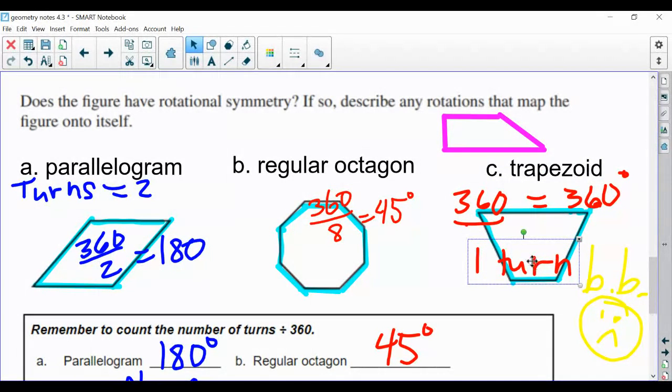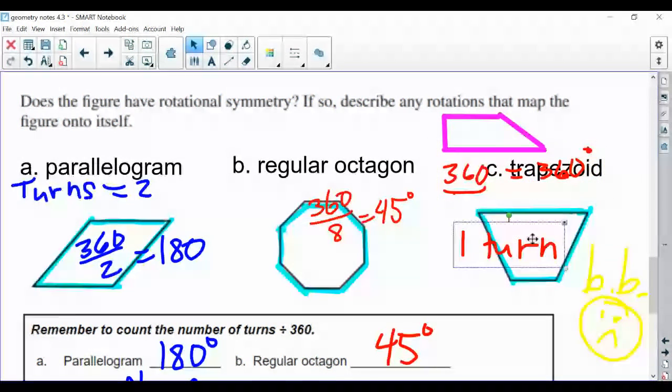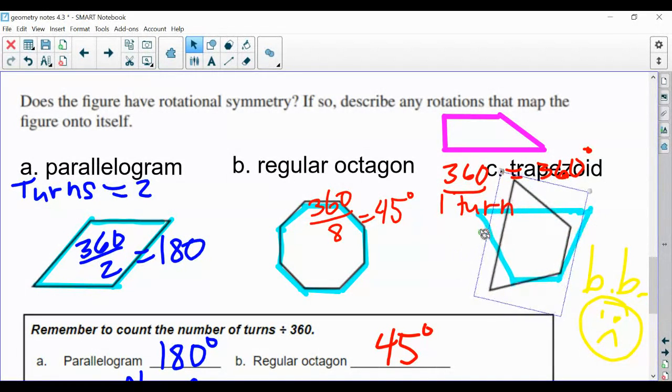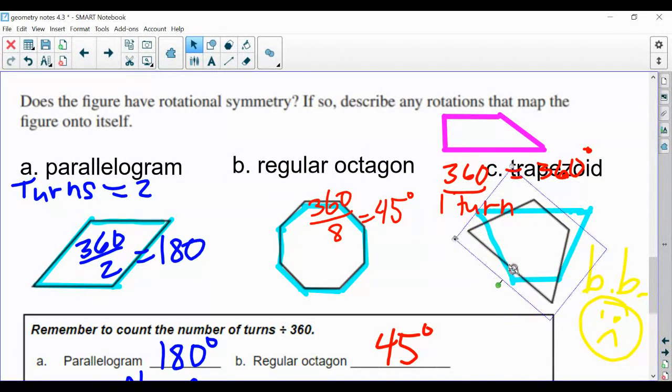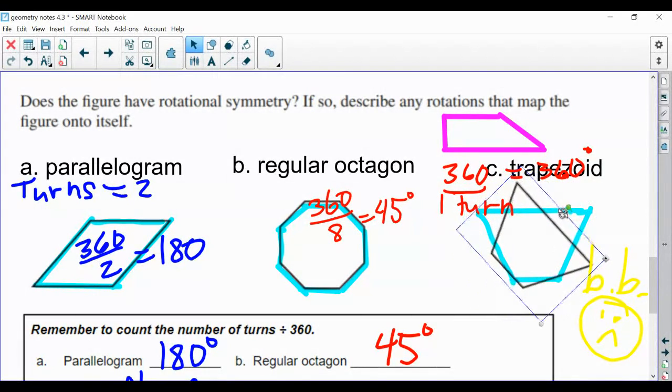Now this is a trapezoid. So for the trapezoid, I turned it. Nothing, not matching. Not until I turn it completely around to its original position do I see symmetry.